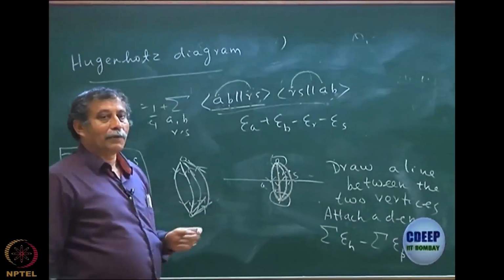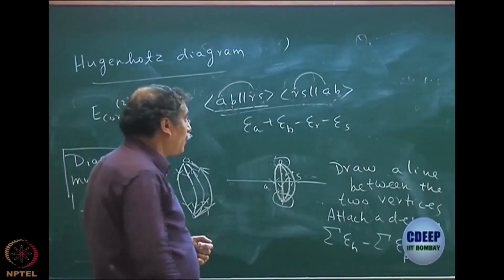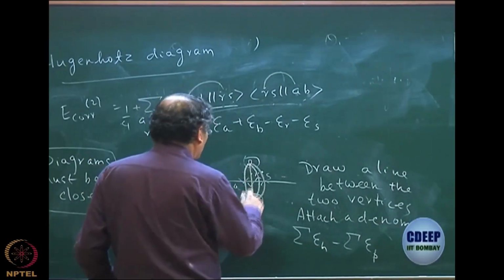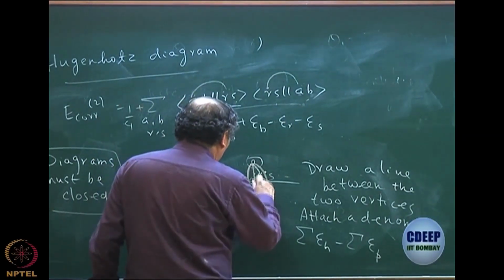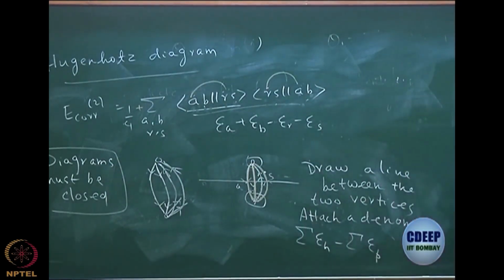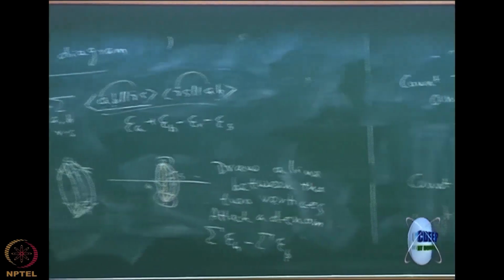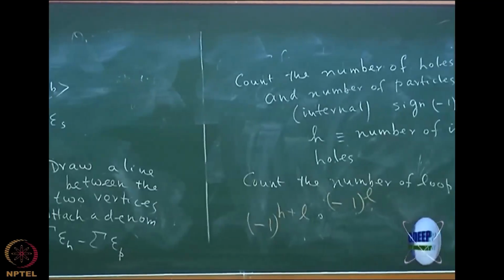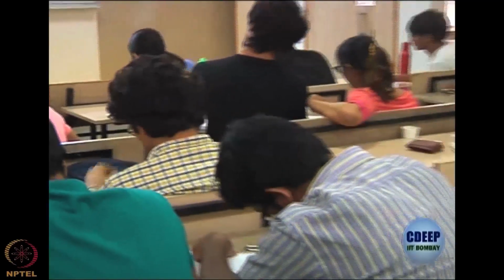Now the final one, 1 by 4. You still have 1 by 4. 1 by 4 comes for the following reason. How many pairs of equivalent lines? So that's the last rule. Count the number of equivalent lines. Count the pair of equivalent lines.